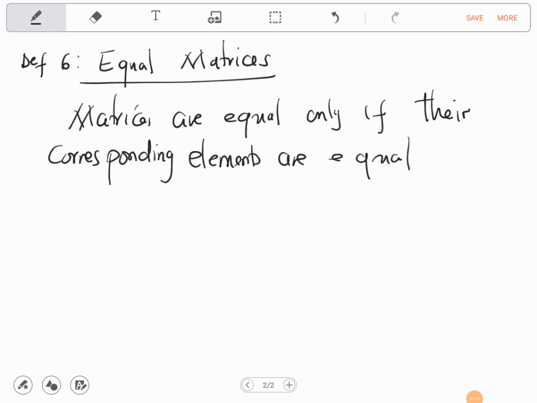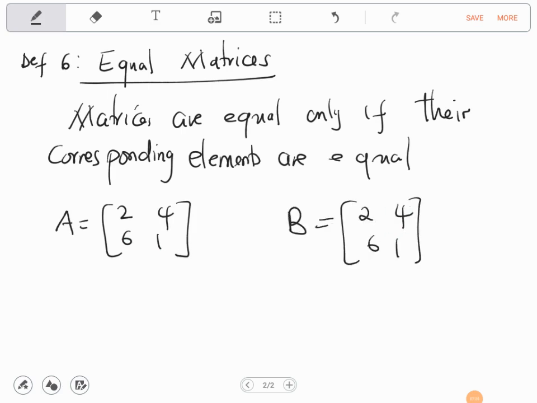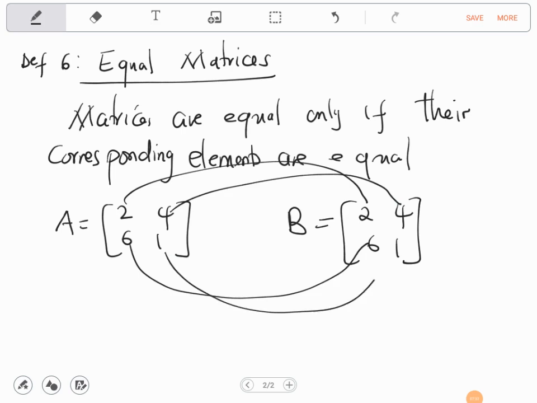What do you mean? Let's say you have matrix A, 2, 4, 6, 1, and matrix B, 2, 4, 6, 1. This entry corresponds to that. That entry corresponds to that. This entry corresponds to that. That entry corresponds to that. That's what we mean by corresponding.